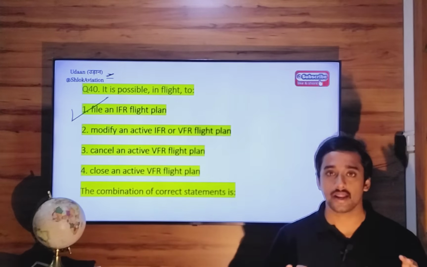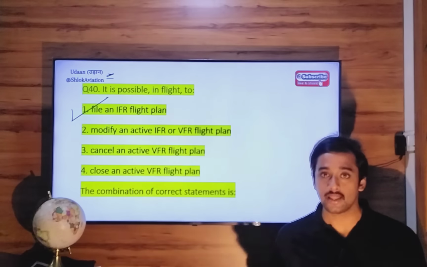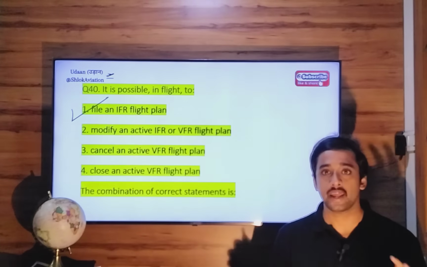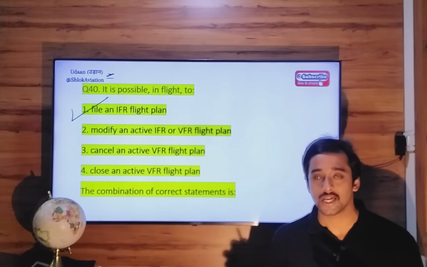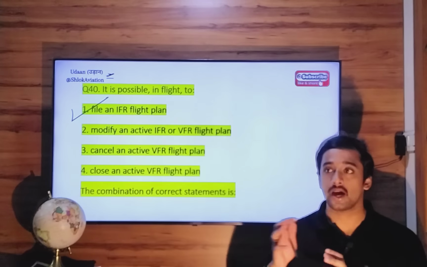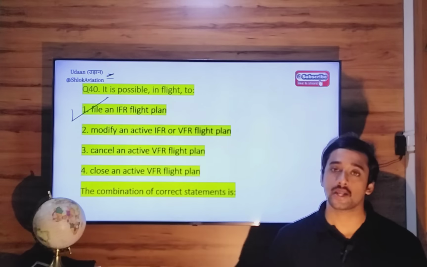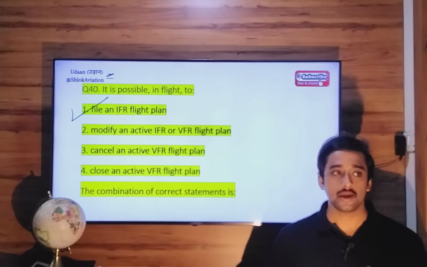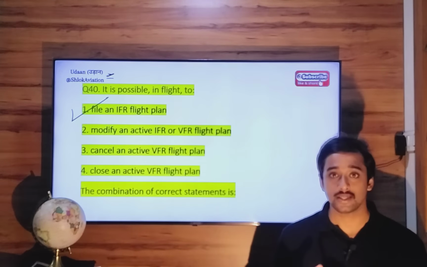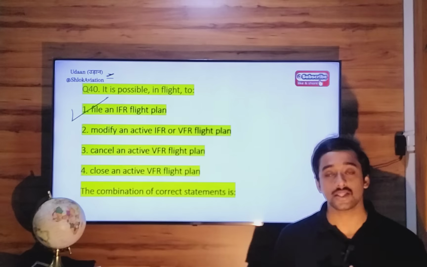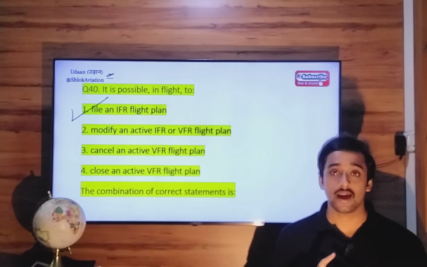It's a normal flight, and you have not filed a flight plan before departure. Now you have taken off, you're airborne, you're in cruise, and let's say you suddenly encounter IMC, instrument meteorological conditions, and you think it will be wise or prudent to get ATC clearance and ATC services, to be flying under ATC supervision so as to be safe, right?